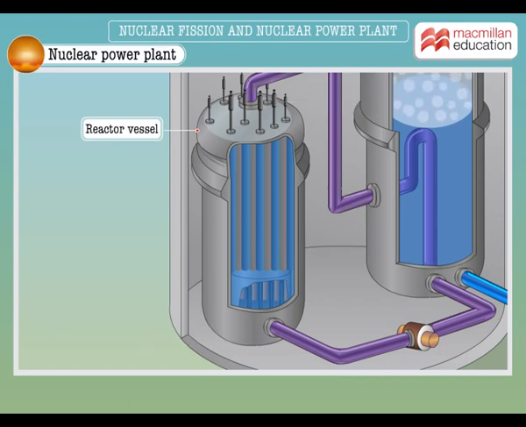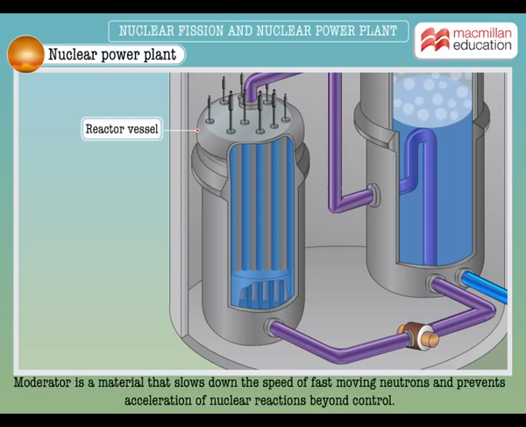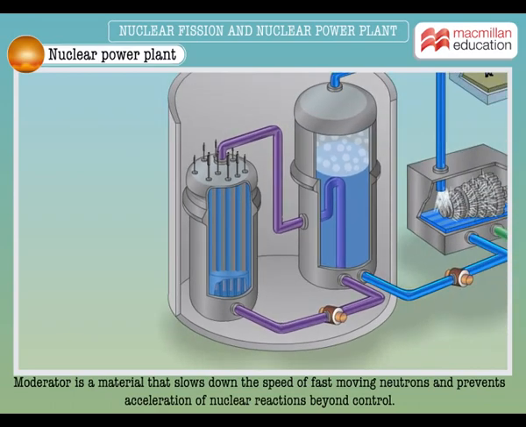The reactor vessel also has water, which is both a coolant as well as a moderator. Moderator is a material that slows down the speed of fast-moving neutrons and prevents acceleration of nuclear reactions beyond control.